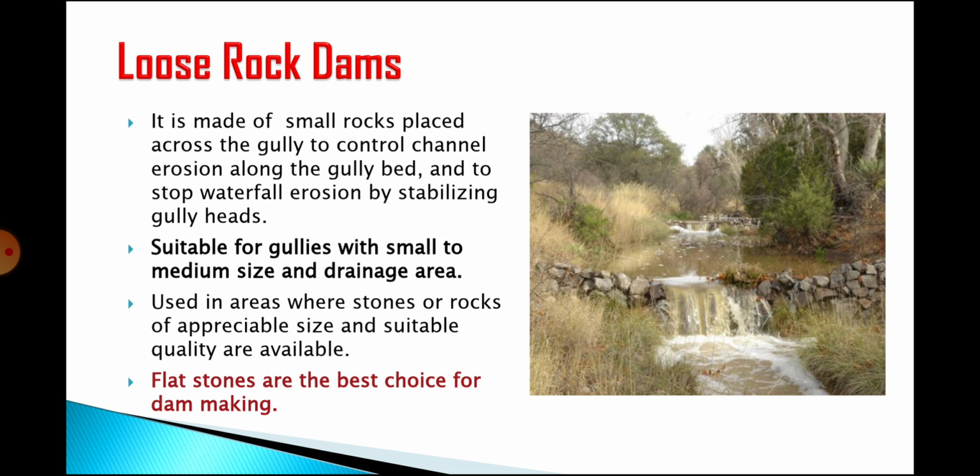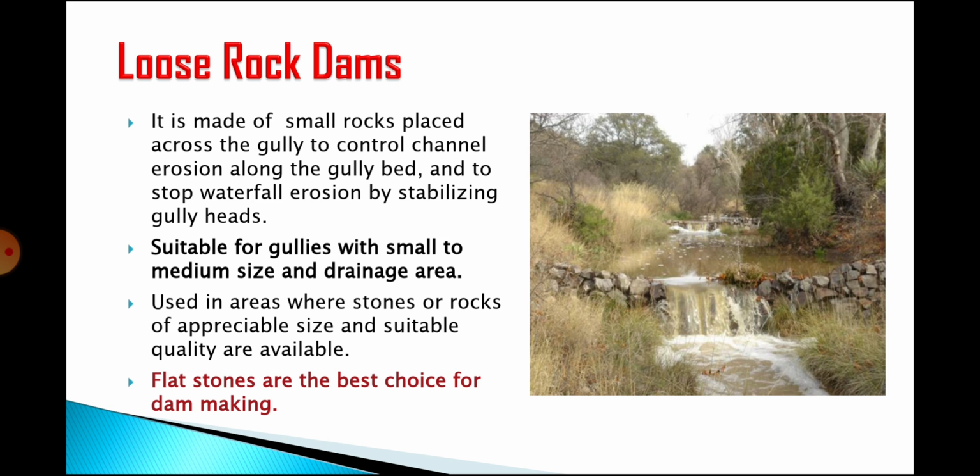Now next is the loose rock dam. You can see in the figure, such dams are made with the use of rocks, small rocks or boulders, placed into the gully bed to a certain height.